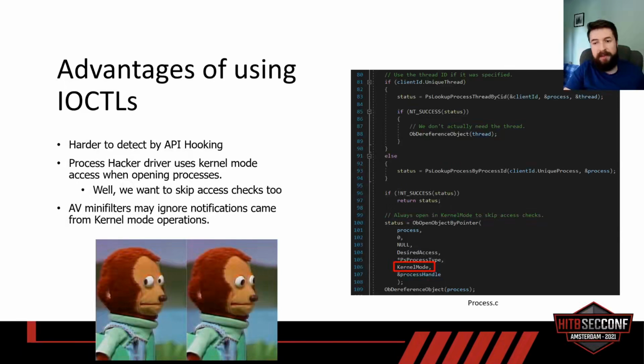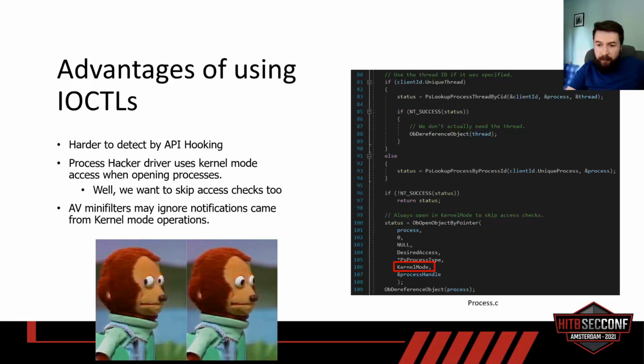Since defensive products tend to hook API calls like VirtualAllocEx, WriteProcessMemory, and CreateRemoteThread that are frequently used by malware families and offensive tools, switching these functions with IOCTLs would create a non-standard behavior. Also, the IOCTL codes are usually specific to the driver, so an automatic analysis just looking at the IOCTL parameters would be hard for EDRs and also sandboxes.